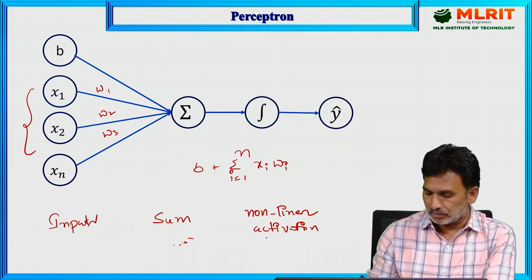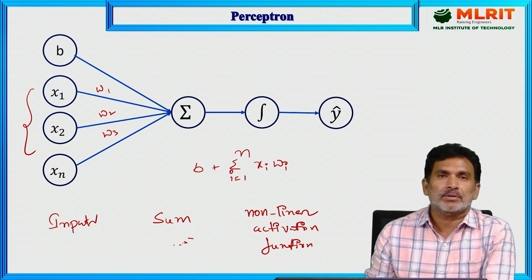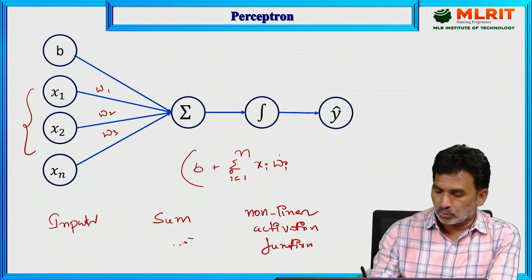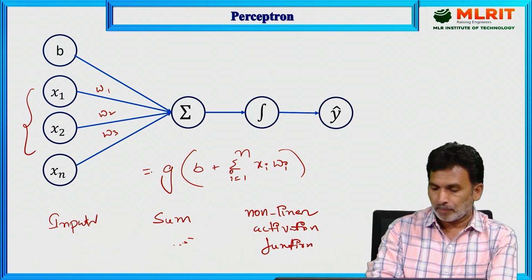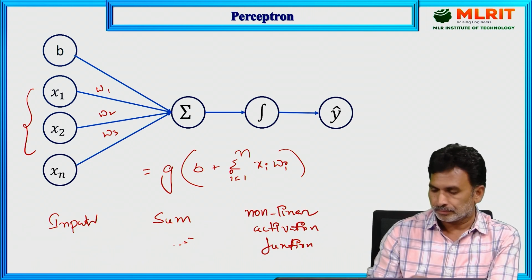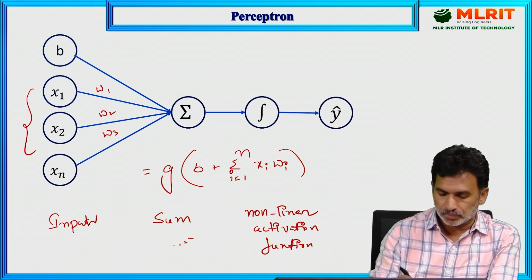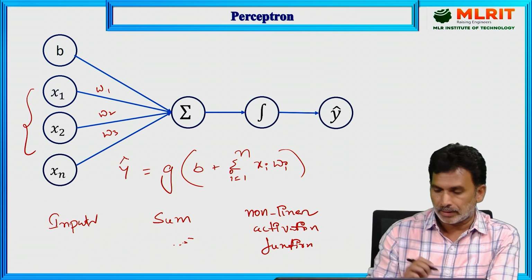This needs to be passed to the nonlinear activation function, which produces the output y hat.